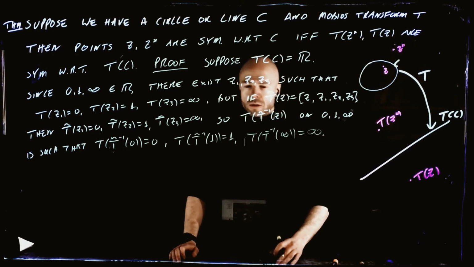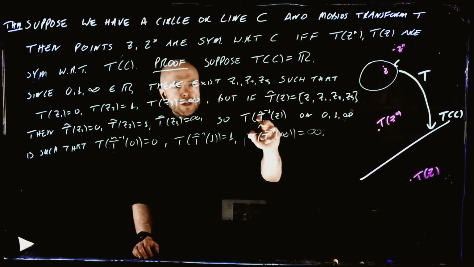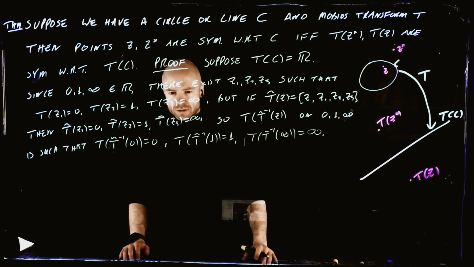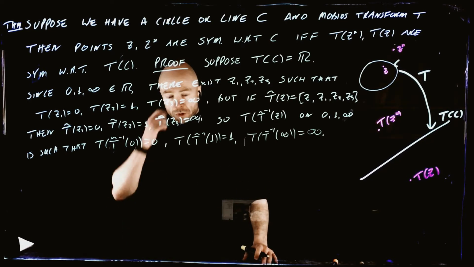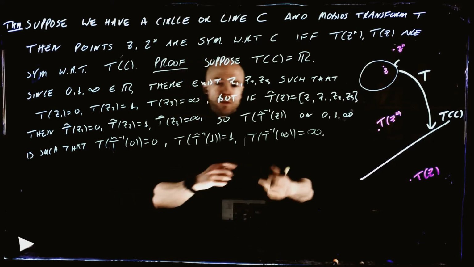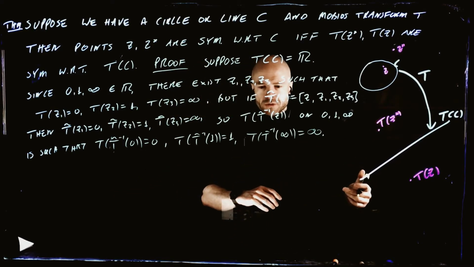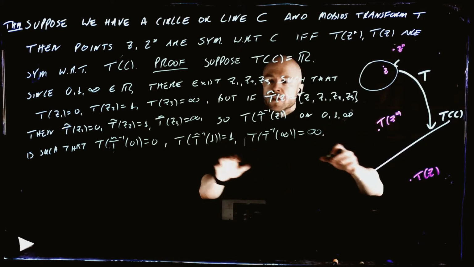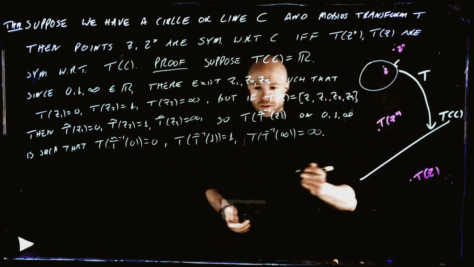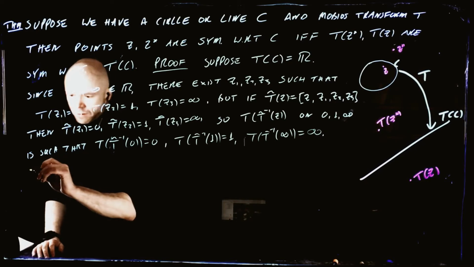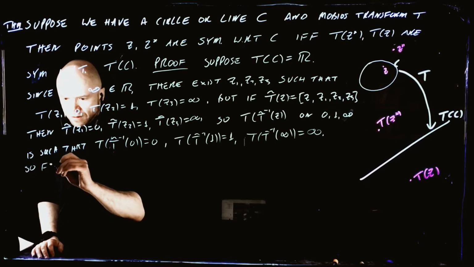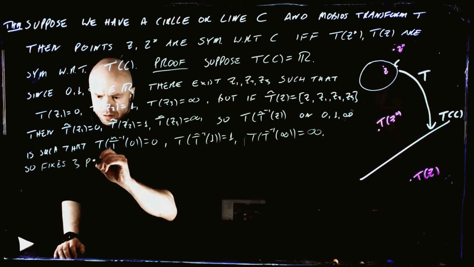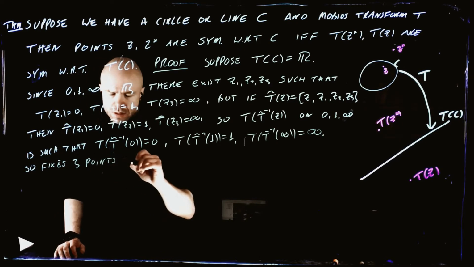So this Mobius transform, T composed with T tilde inverse, is fixing 3 distinct points. And we already saw last time that there were at most 2 fixed points of a Mobius transform. The only way that you can have 3 fixed points is if this Mobius transform is the identity. So it fixes 3 points and must be identity.